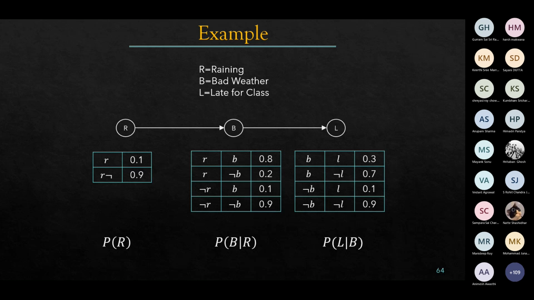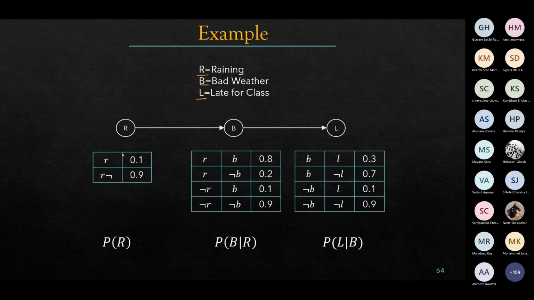So let us take this example to illustrate the two algorithms that we have talked about: inference by enumeration and inference by variable elimination. You have rain, bad weather, and late for class. If it is raining, that means it is bad weather, and if it is bad weather, you might be late for class.